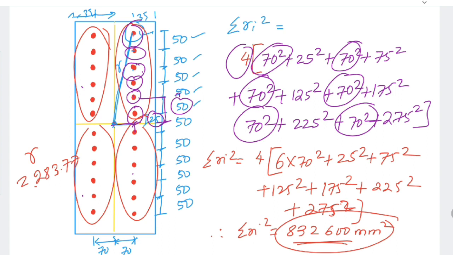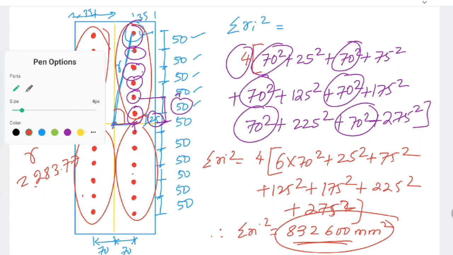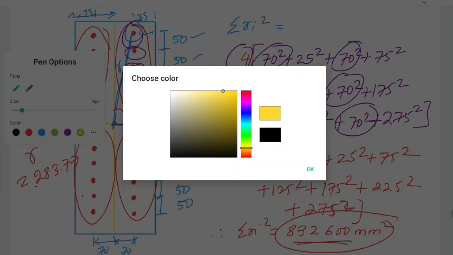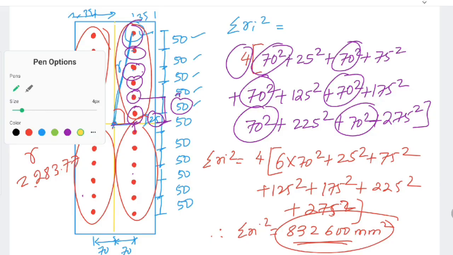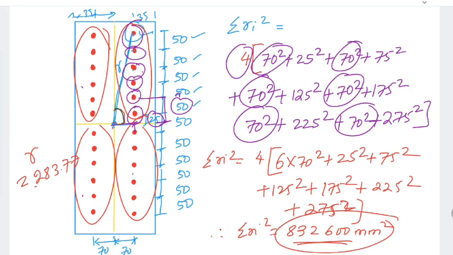This is the bolted connection, the extreme bolt, and this is the angle theta. So here we'll have a triangle.